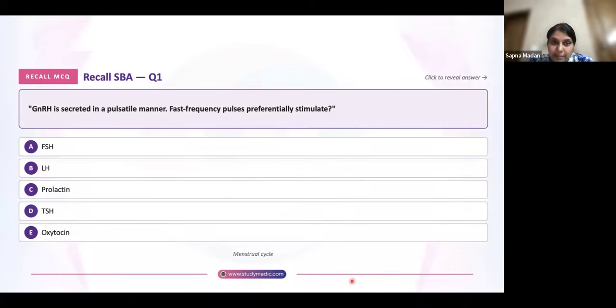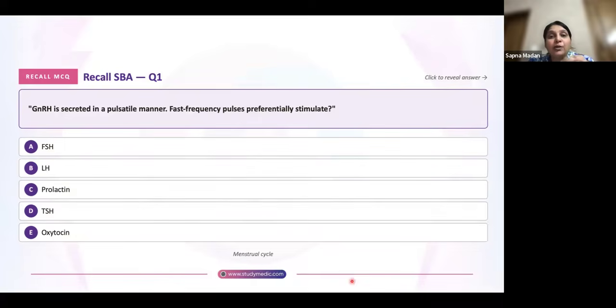GnRH is secreted in a pulsatile manner. Fast frequency pulses preferentially stimulate FSH, LH, prolactin, TSH, and oxytocin. For those who've joined us late, GnRH is released in a pulsatile manner, and it can have pulses of 90 minutes and pulses of 60 minutes.